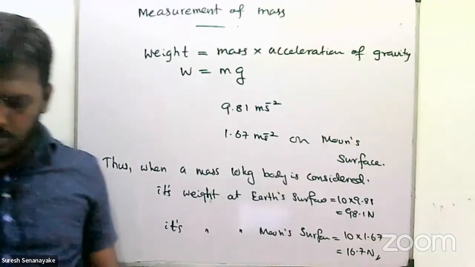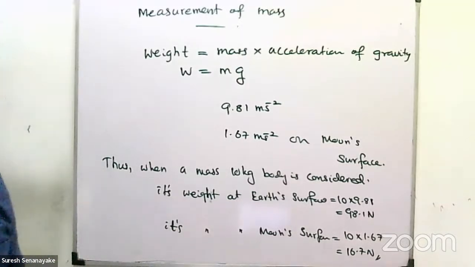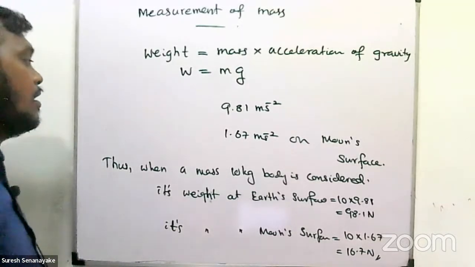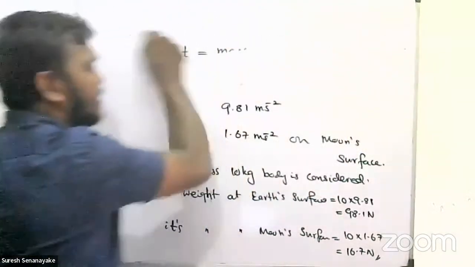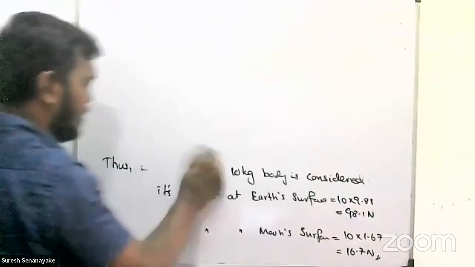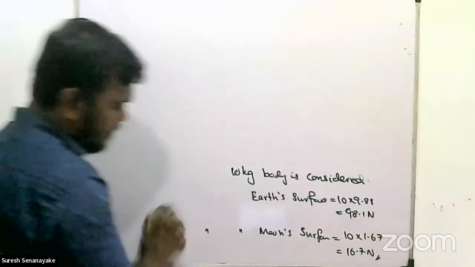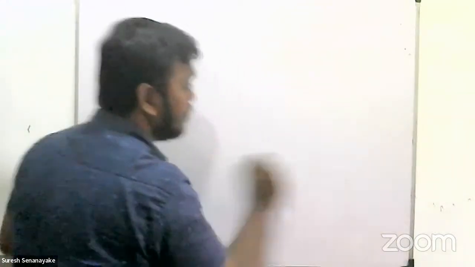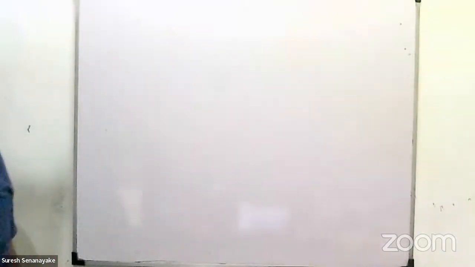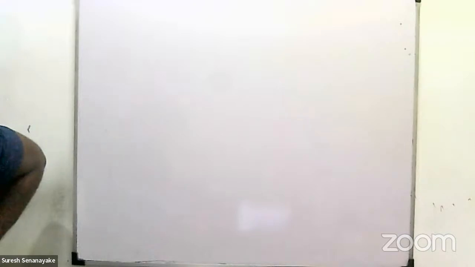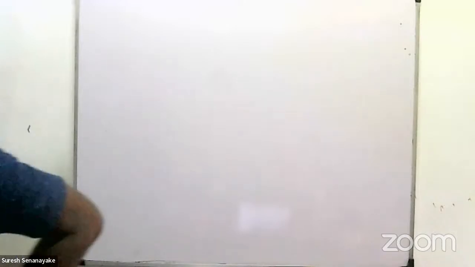The mass obtained using the weight of the object is called the gravitational mass.